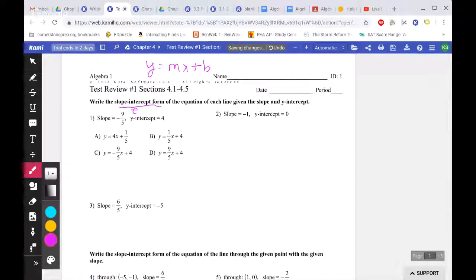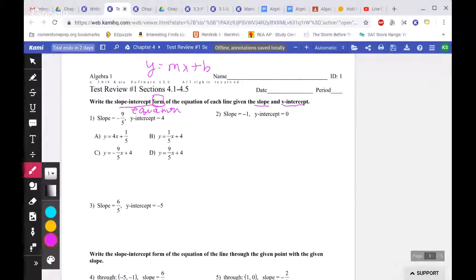When it says form, think equation of a line. So it says slope intercept form of the equation of the line. It's even given a little bit further instruction: given the slope and the y-intercept. So we're looking for slope intercept form.